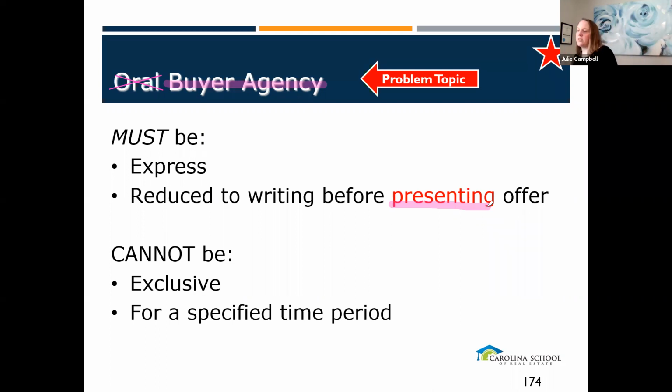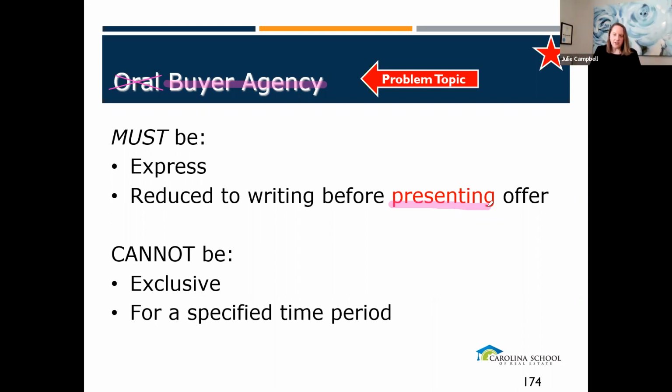I'm talking about all that in Unit 10. When I'm writing the offer, I'm filling the blanks in on behalf of my buyer. Once I complete the offer, I send it to my buyer to sign it. They sign the offer, and then I present the offer on their behalf, which means I contact the seller or the listing agent and present that offer on their behalf.